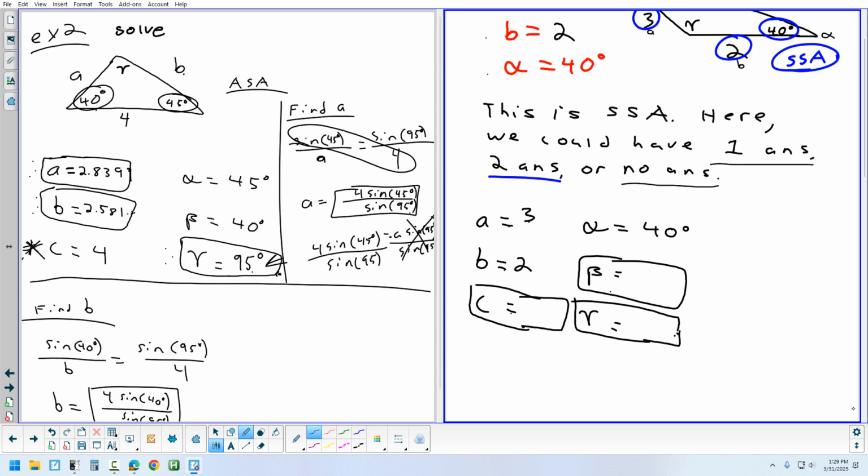We also have a row that's empty. Do we have any way to find anything in this bottom row right away? What do you think? Do we know two of the angles and could we add them up and get the third one?